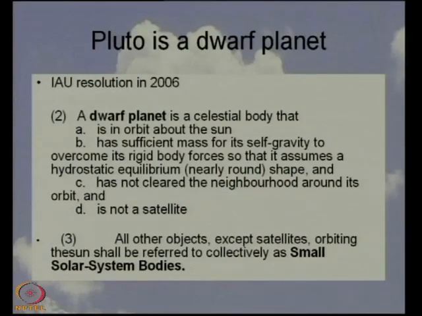That is the new nomenclature introduced by the IAU, and all other objects except satellites orbiting the sun shall be referred to collectively as small solar system bodies.